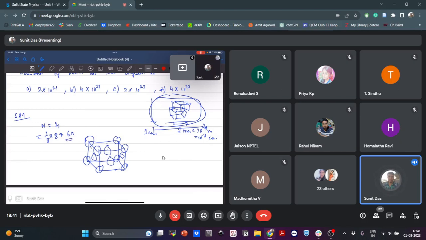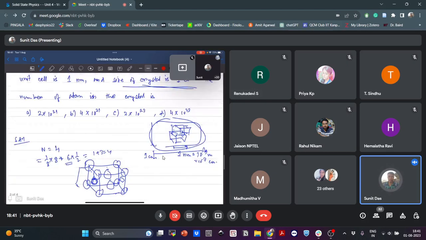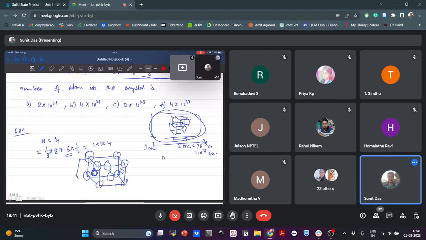But each face center atom contributes to the very next unit cell as well, the nearest unit cell. So the contribution for this unit cell will be half. So 1 plus 3 equals 4. So this is how the number of atoms in a face-centered cubic unit cell becomes 4.